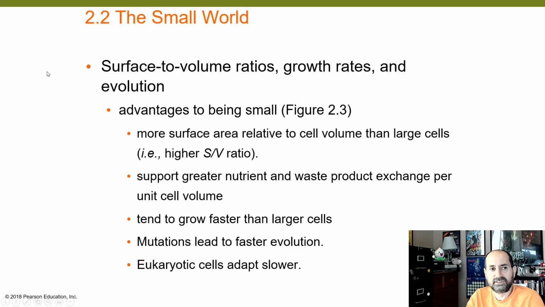Now, I mentioned earlier about surface to volume ratios, how the cell size affects surface to volume ratio. And this is important because if you have a greater surface to volume ratio, you have greater nutrient and waste product exchange per unit cell volume. So waste can get out of the cells easily, nutrients can get into the cells easily, they tend to grow faster, they could lead to faster evolution.